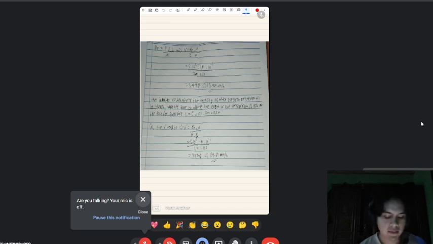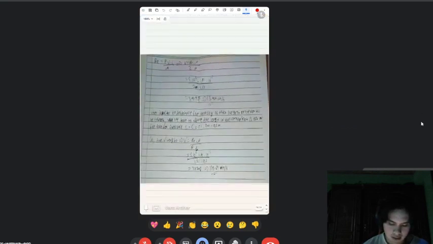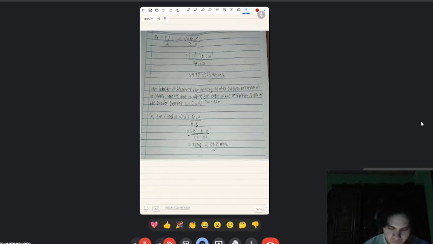Rearranging that formula, we get V equals Re times mu divided by L and rho. We input all the data from the initial thinking and idealization phase, and since we're searching for the velocity, we get 3.74 meters per second, which is 13.464 kilometers per hour. That's the velocity for part A.